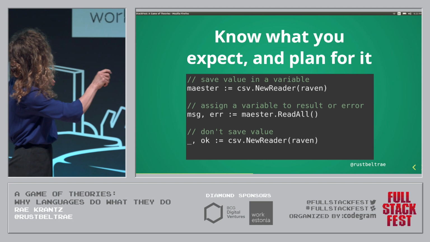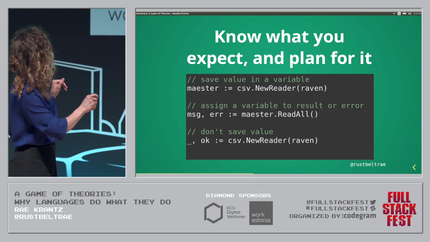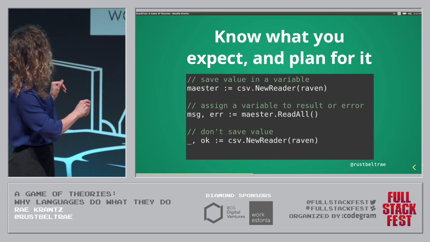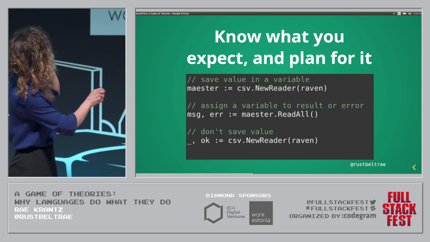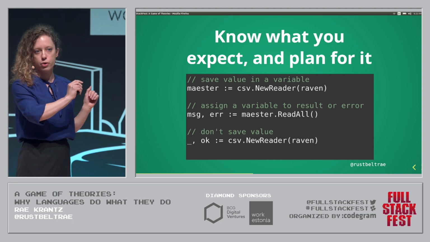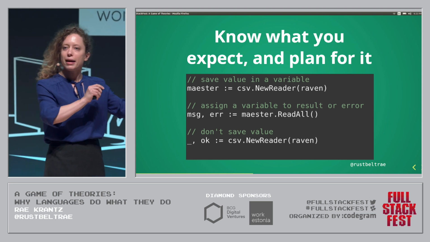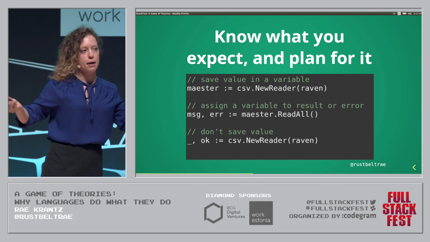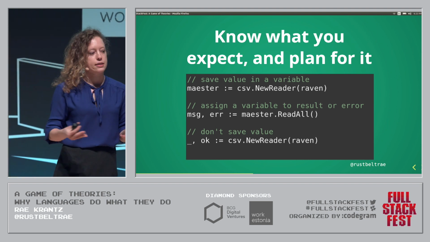Now the rest of this, so in Go, you have the option to expect an error or expect an OK. And you can handle this a couple of ways. So like here, you could expect a response, and if you get one, then you assign it to the variable and you handle that. Or if you expect that you might get an error, because that happens sometimes, then you would assign this and then handle an error in the next line.